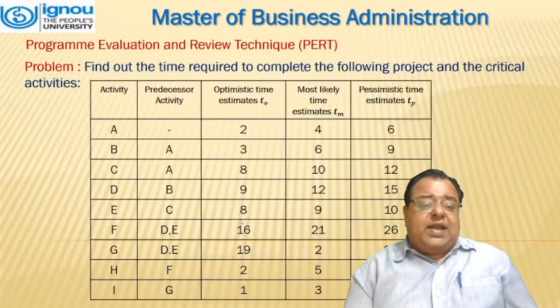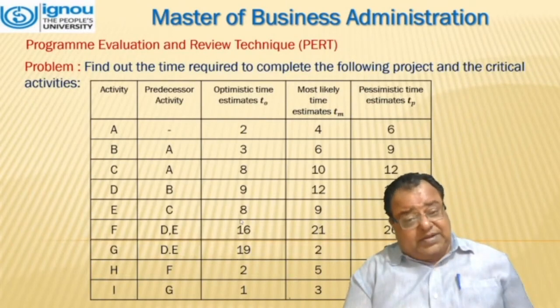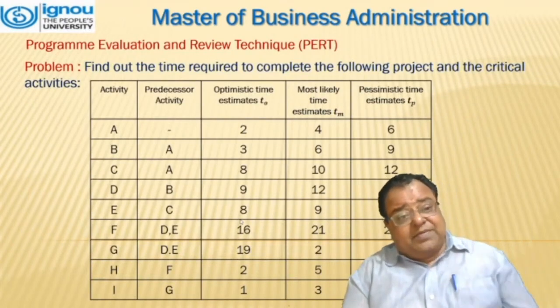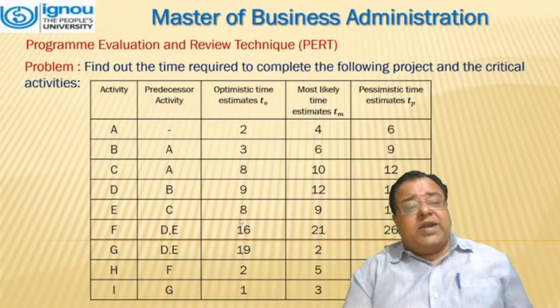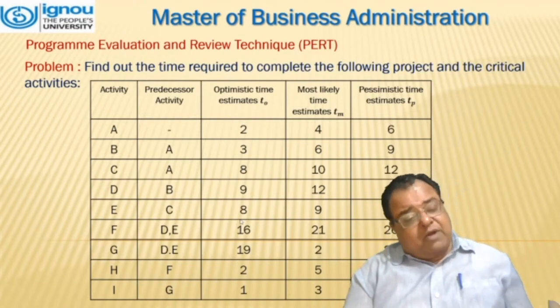Now we will be considering other aspects. Going further, we will be talking in terms of the Program Evaluation and Review Technique, which is PERT. The problem is the same.